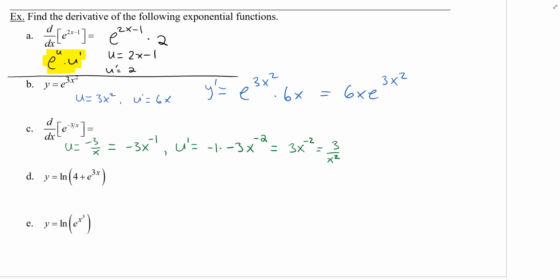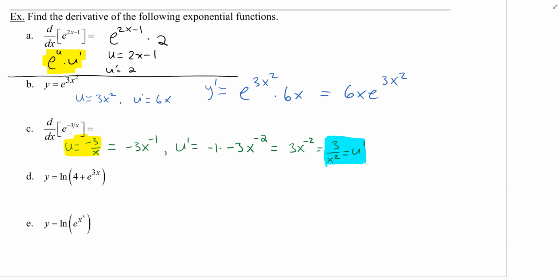Now, that was a lot. So I did mention that this is going to be a tricky rule. So this is my u, and this is my u prime. The hardest part is just finding the derivatives.